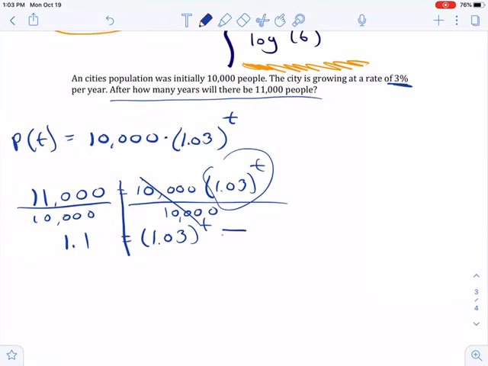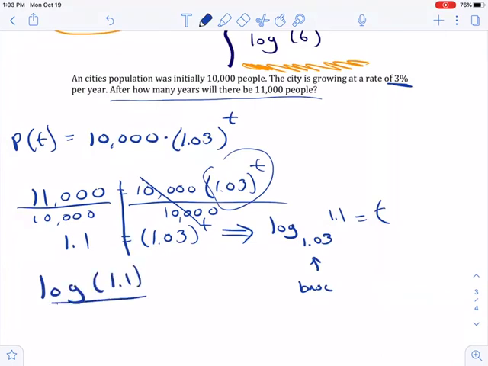So sometimes I'll do an implication to say what this means. So this would mean that the log base 1.03 of 1.1 equals t is my conversion. So this entire statement rewritten as a logarithm would be log base, so this is called a base, of 1.03 of 1.1 equals t. And to evaluate that, again, if I'm using that rule above, I do log of 1.1 divided by log of 1.03.